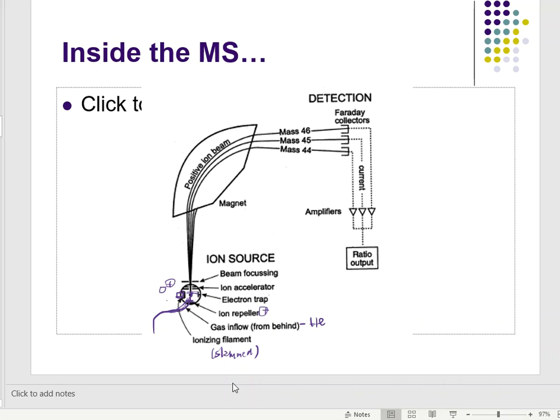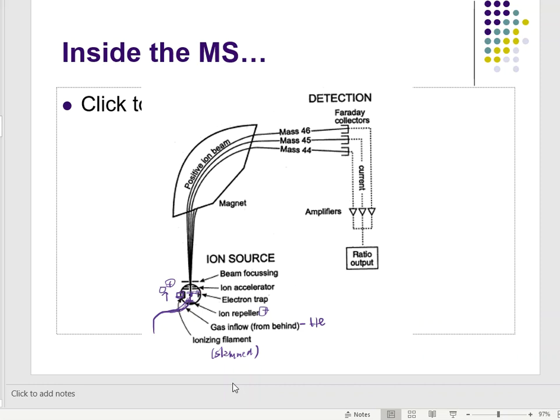So it has to be able to push my positive pieces through. And that is why that's present. The electron trap. The electron trap is typically for the electron beam. And that electron beam, that's where it's going to be headed. The electron trap can also, though, go ahead and capture some of those free electrons that get created. So it can help kind of do preliminary cleanup.